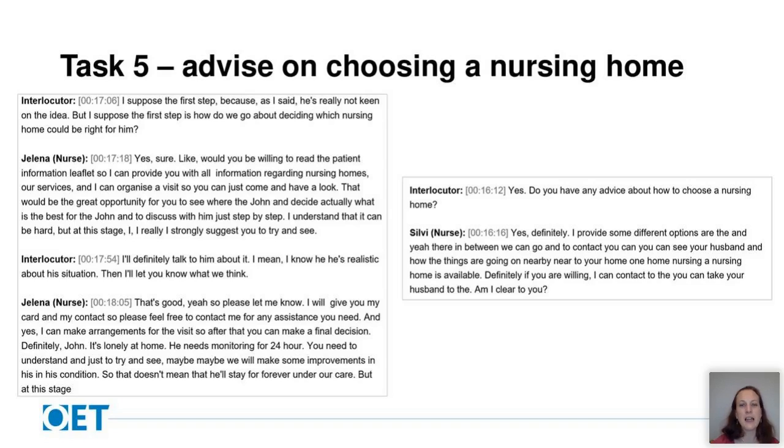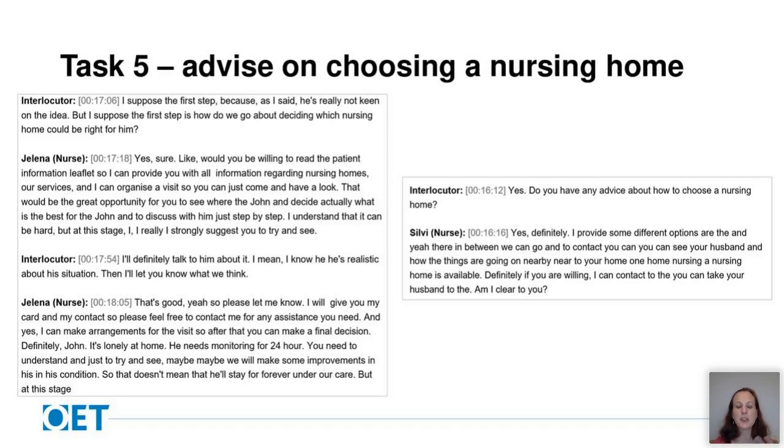So the nurse on the left, her suggestions, her advice is to read some information as well as to organize a visit and to contact her for more information. The nurse on the right probably was feeling that she was running out of time at this point.